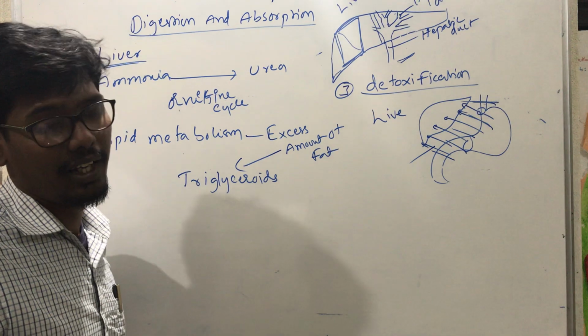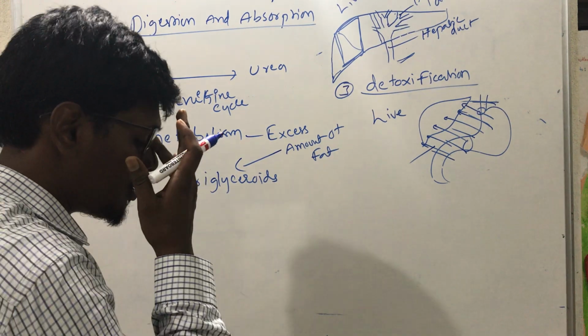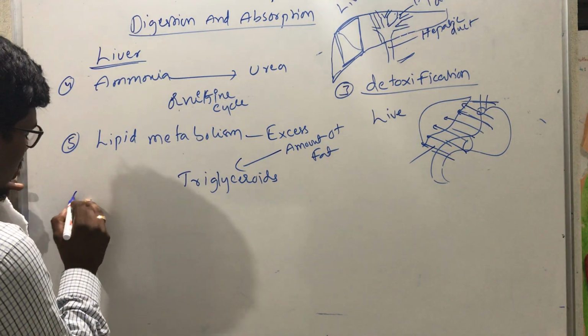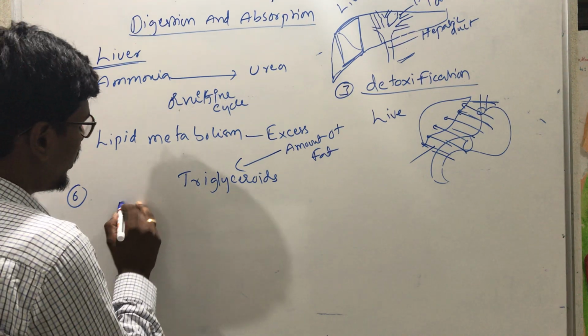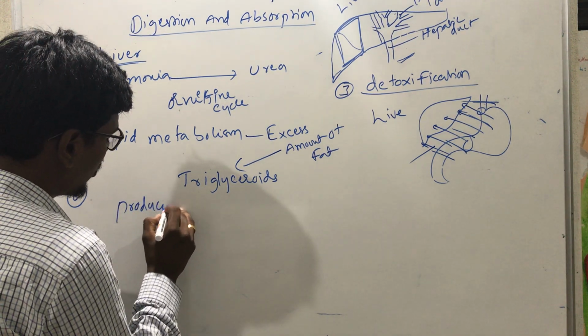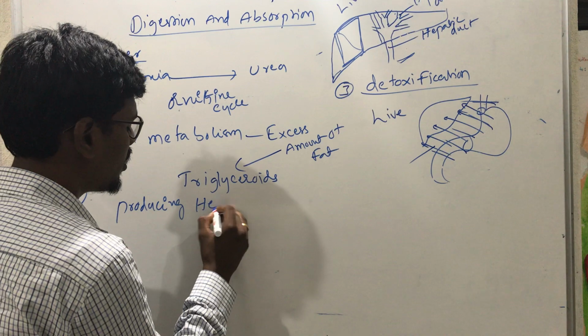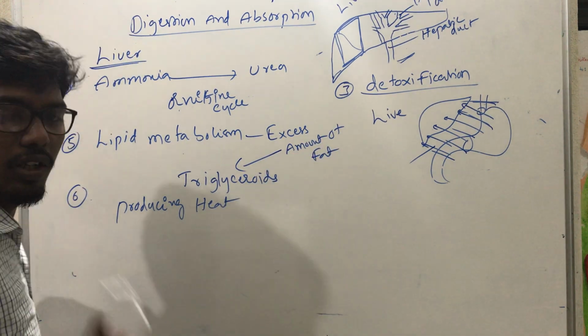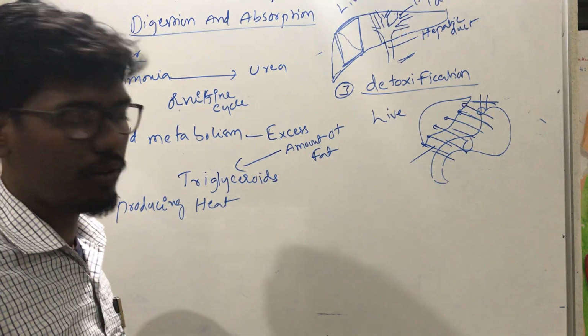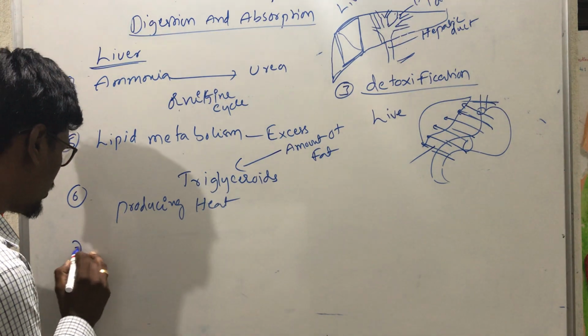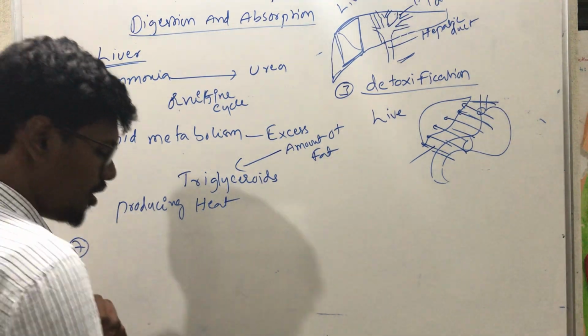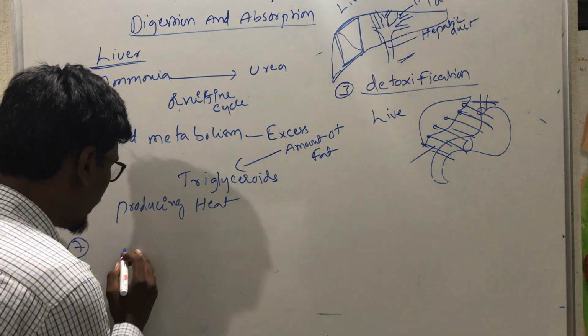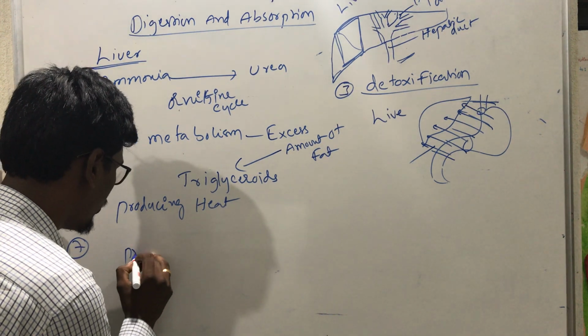The next functions are producing heat and producing blood clotting agents.